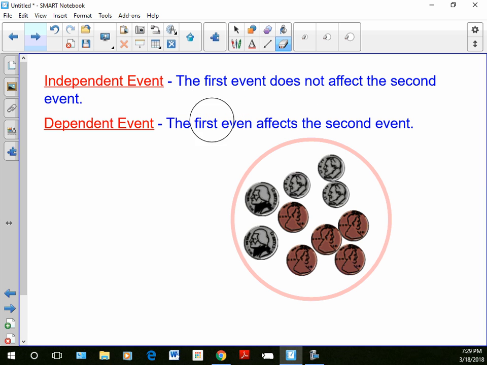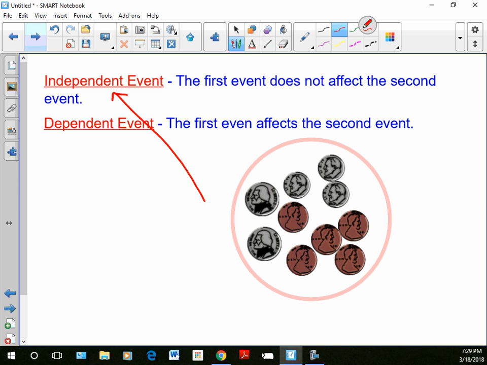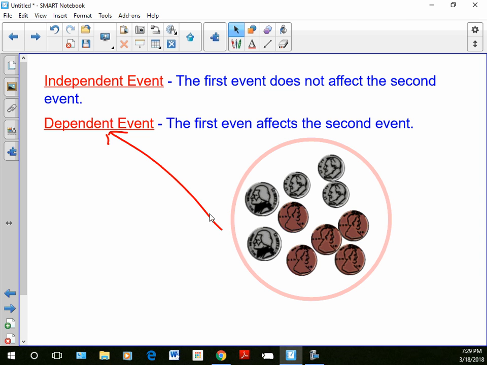We went and we talked about the coins in the bag. Saying it matters whether you don't replace the coin or if you do replace the coin. If you replace the coin, then that's an independent event. If you do not replace the coin, then that is a dependent event. Because the first thing affected the second.